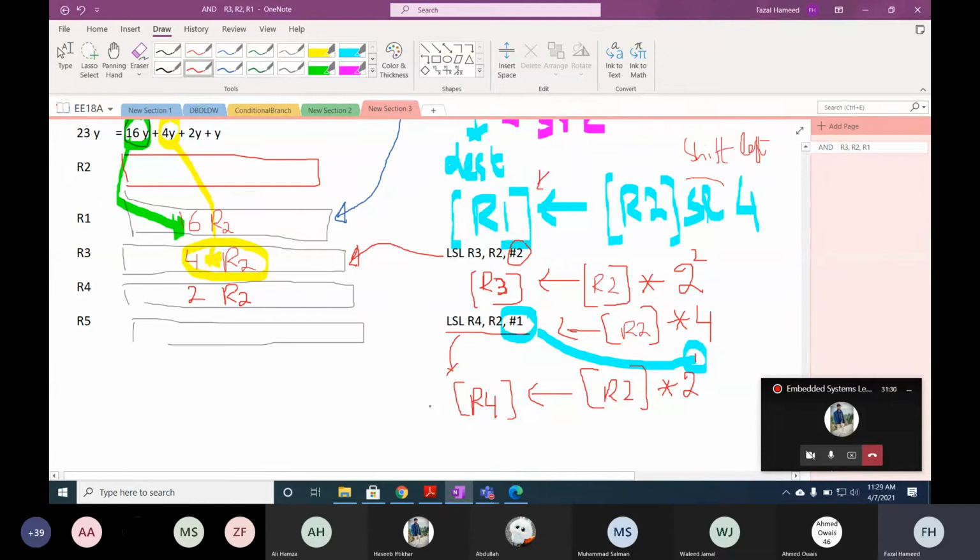Okay, now what is our objective? Our objective is to store all the values in the register R5. So what do we have to do?